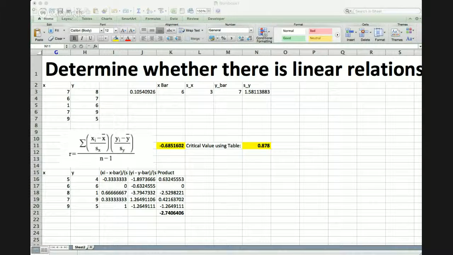This value is less than the critical value, so it's not greater than the critical value for the data set with n equal to 5. What we can conclude is that there is no linear relationship between the response variable and the explanatory variable. So that would be the answer to this question.